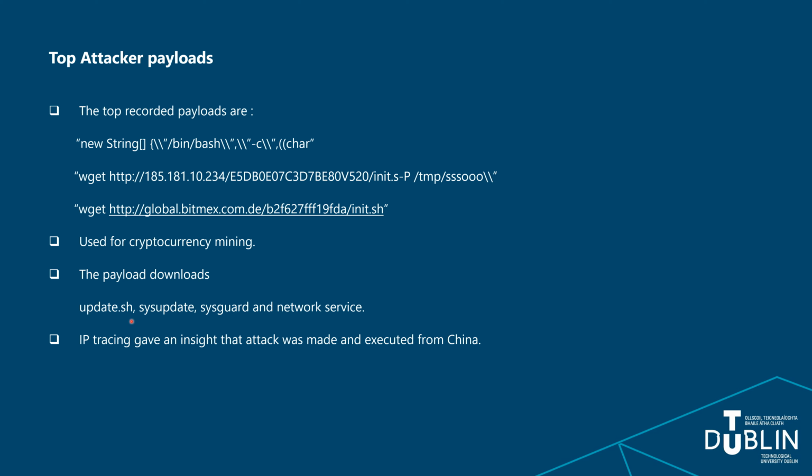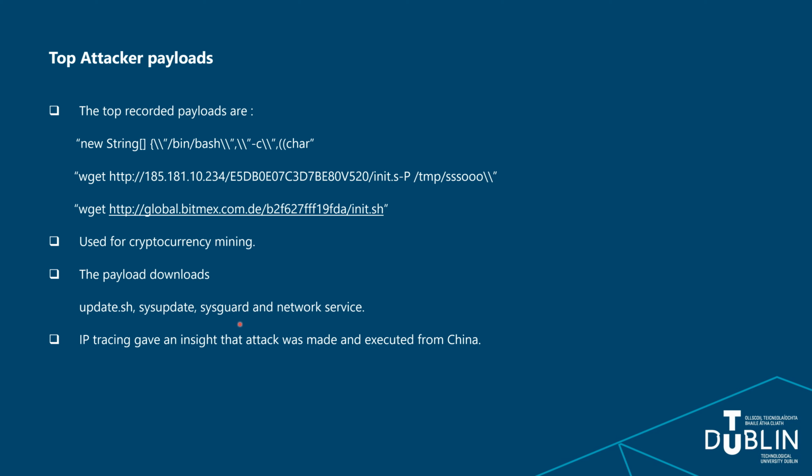update.sh just updates the scripts and runs as a cron job in Linux. Sysupdate is a famous known tool, XMRig miner. It's an open source tool for crypto mining, and it is downloaded.